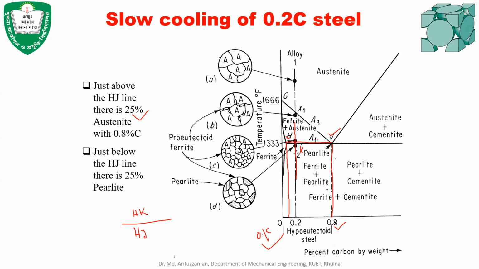So that's how you get the percentage. That means there will be 0.1 divided by 0.6. So this will give you the 25% austenite. Did you understand? Yes, sir.